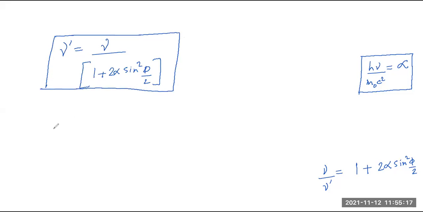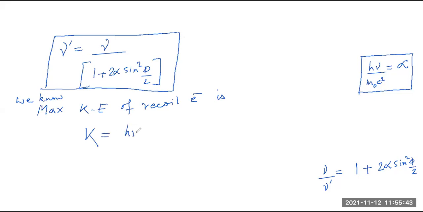What is the maximum kinetic energy of recoil of electron? We know that the maximum kinetic energy of recoil electron is K. Let us say the kinetic energy of that electron is equal to h nu minus h nu prime.